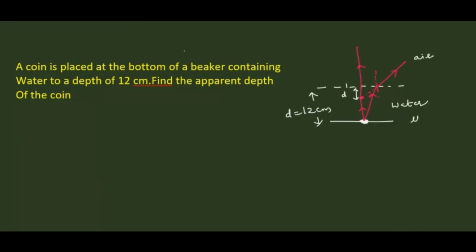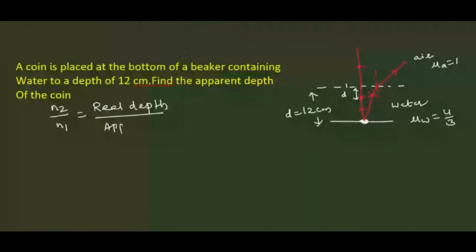Already you know the refractive index of water is 4 by 3 and the refractive index of air is 1. We know the formula: N2 by N1 is equal to real depth by apparent depth. My dear children, all these are very important. While you are doing the problems, please follow my tricks.